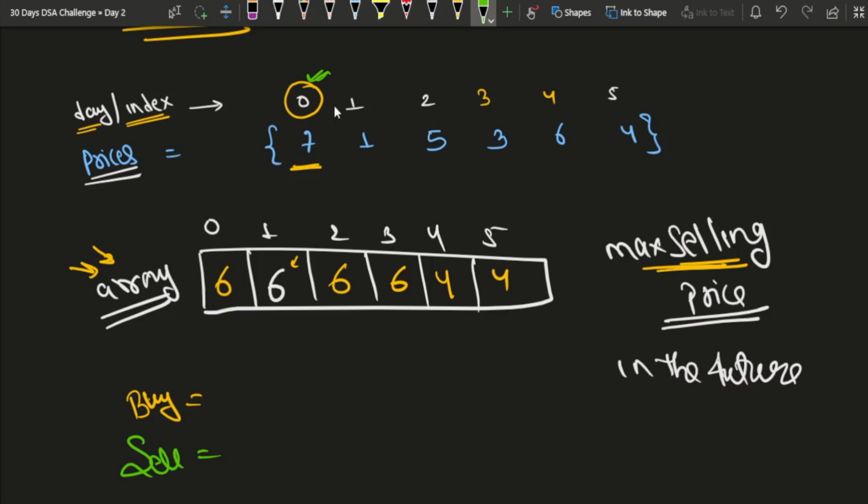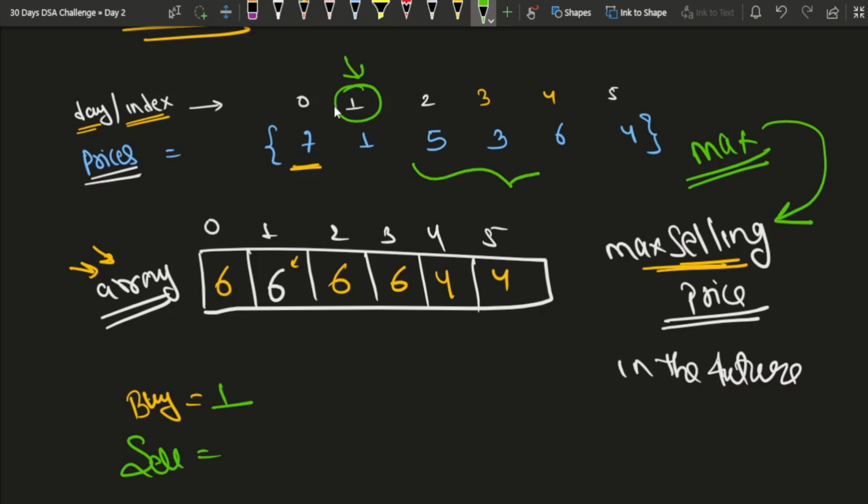Now let's say I decide to buy the stock on day number 1. What will be the buy value? It will be 1. Now, when do we sell this stock? We want the maximum profit, and in order to maximize our profit, we want to sell at the maximum selling price. What is the maximum selling price in the future?